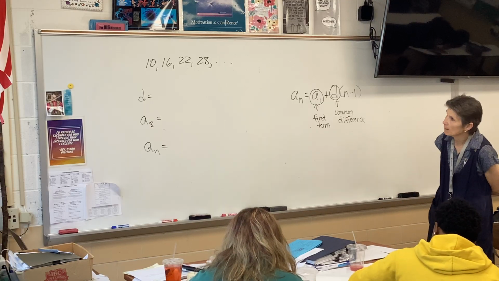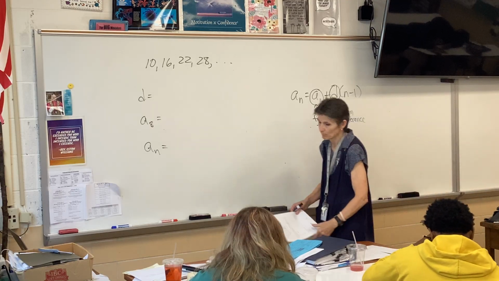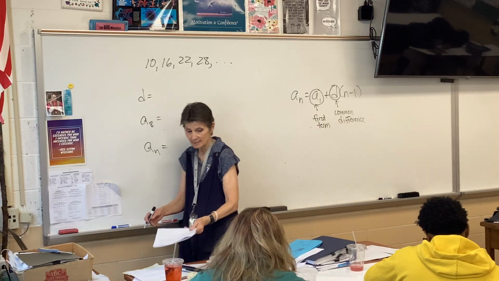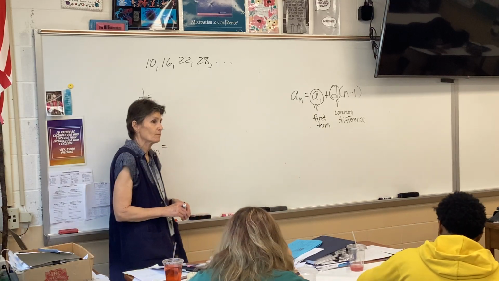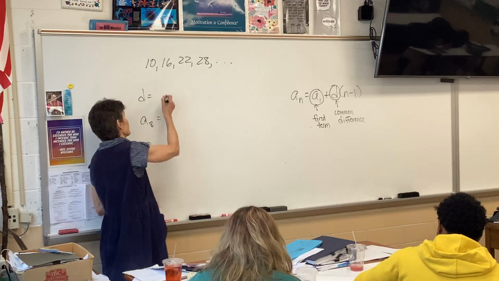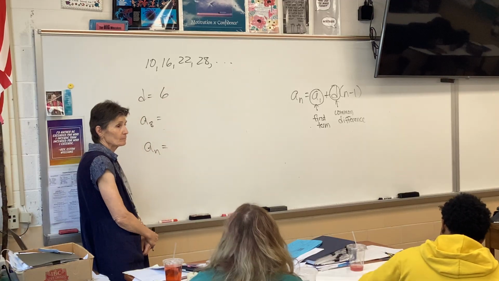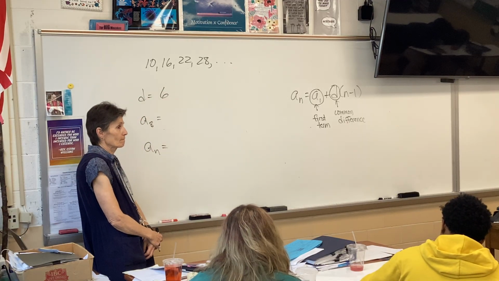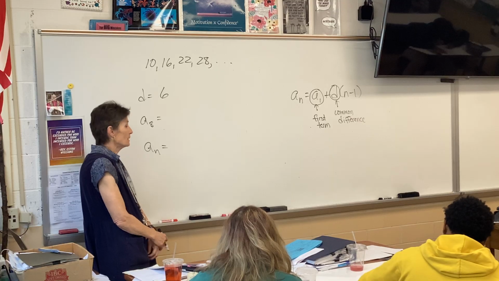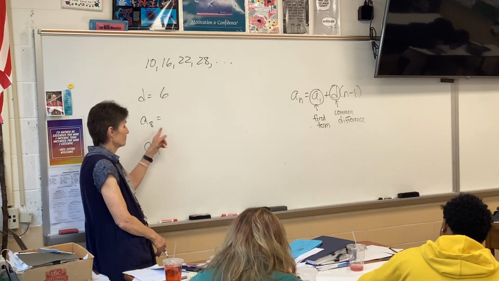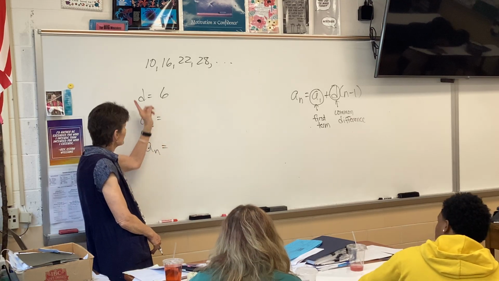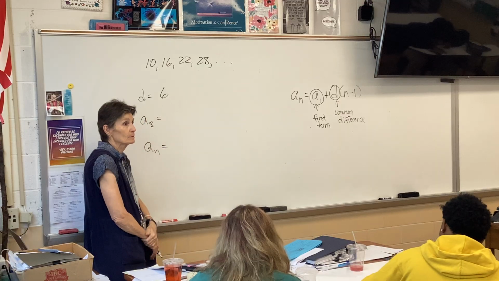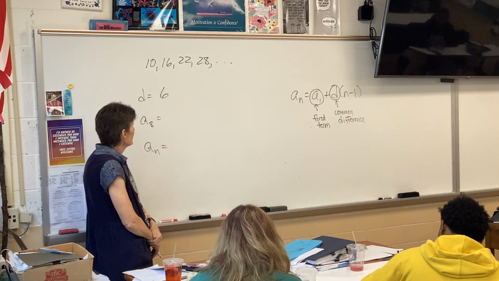Okay, we're finding the common difference. You should have that pretty quickly. You should be able to look at this and tell. What do you think your common difference is? 6. Perfect. Now, if you do this one first, you can just count out. Anybody got that?